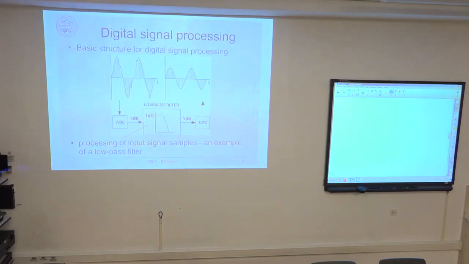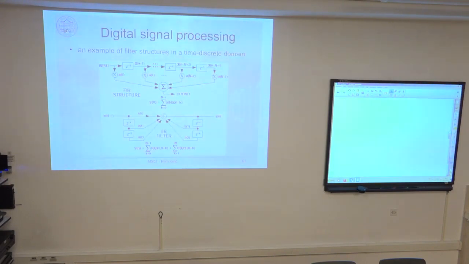Okay. Another alternative to this FIR structure is the so-called infinite impulse response filter, IIR, infinite impulse response. And the basic difference is that instead of having one delay line only for input samples, I have two delay lines.